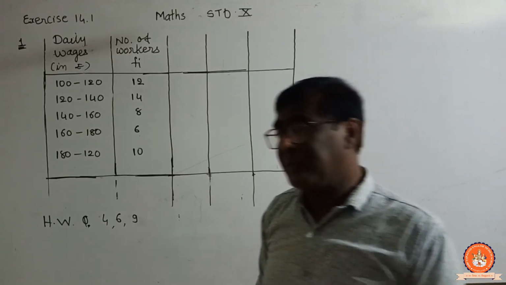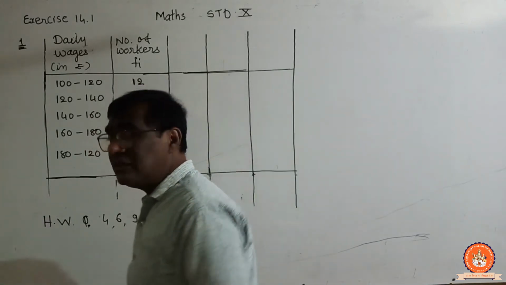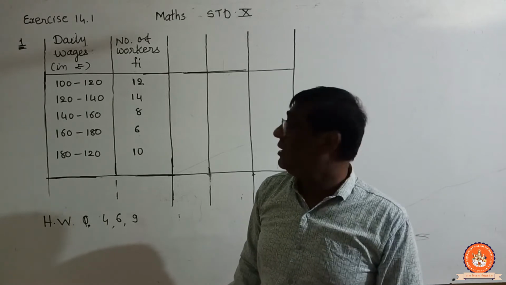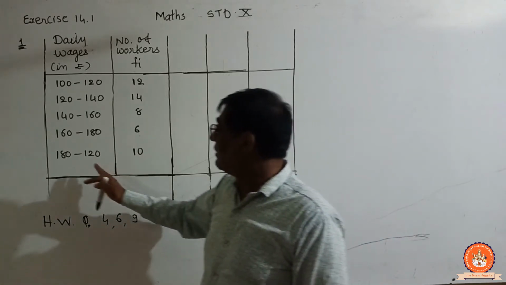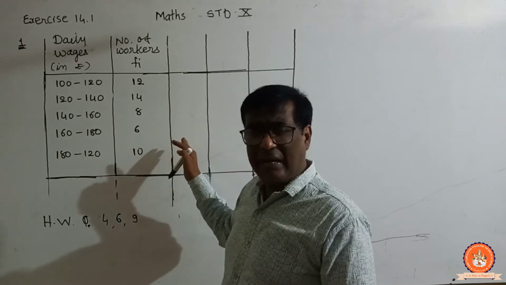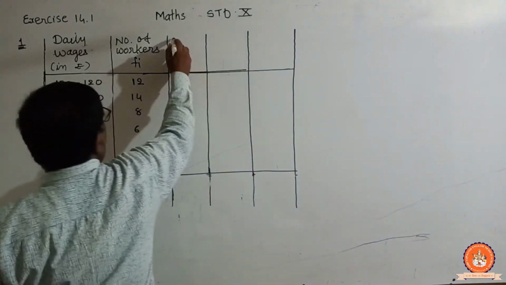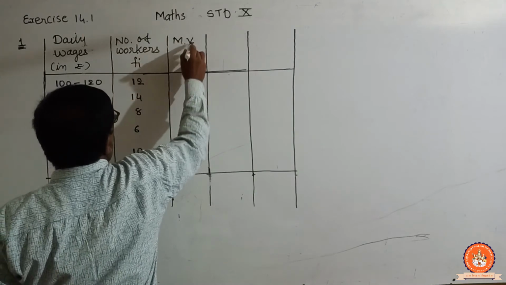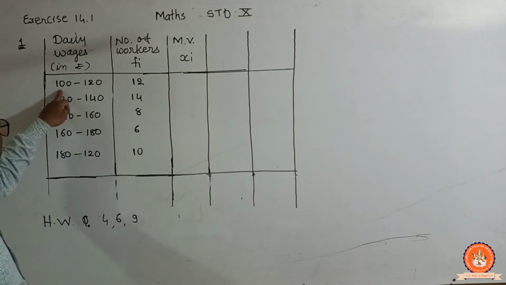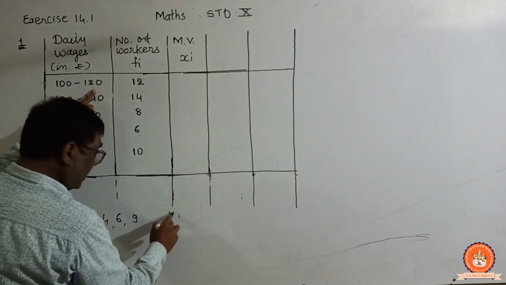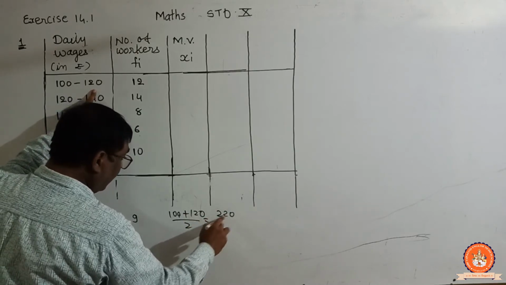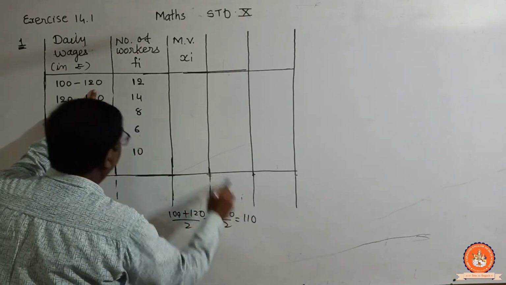So for the appropriate method, we have 3 methods: direct method, assumed mean method, and step deviation method. And my friend, look at it. The observations or mid values you will find will be comparatively big. So the mid value, that is xi or class marks. What comes between 100 and 120? 100 plus 120 divided by 2, that is 220 divided by 2, that is 110.